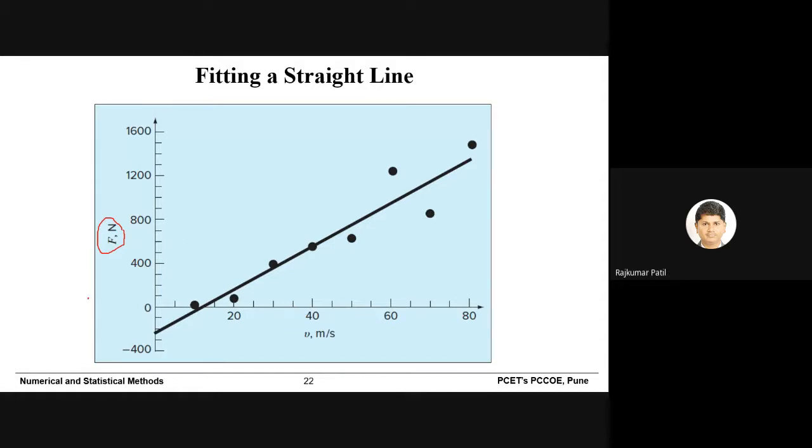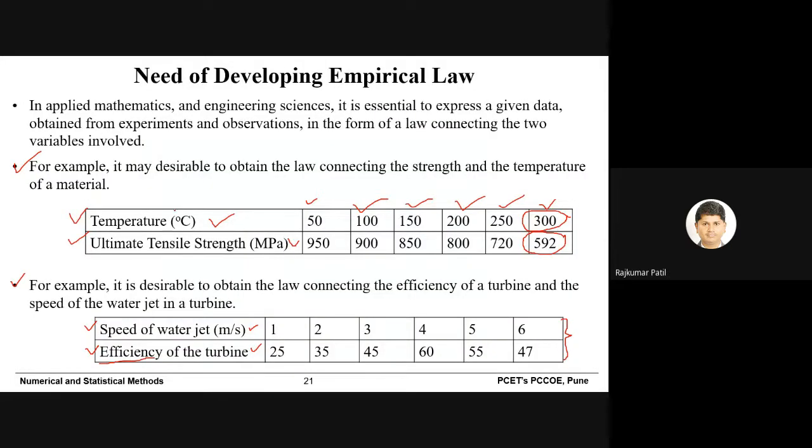For example, force is dependent only on velocity, or strength only on temperature, or efficiency only on the speed of water jet. That point we need to think about, whether the output depends on only one parameter. In actual life, the answer is no.